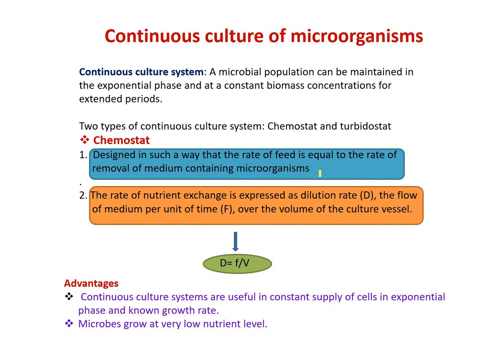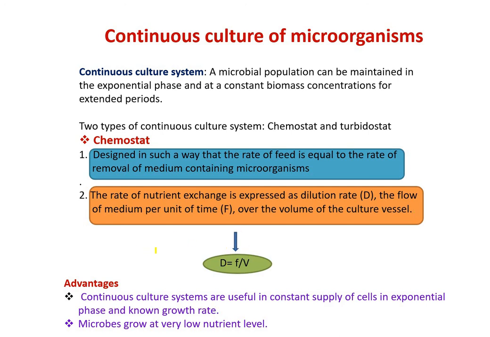Second, the rate of nutrient exchange is expressed as the dilution rate, the flow of medium per unit of time over the volume of the culture vessel. Means the flow rate by volume of the vessel will determine the dilution rate.